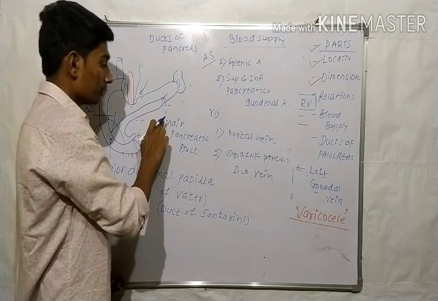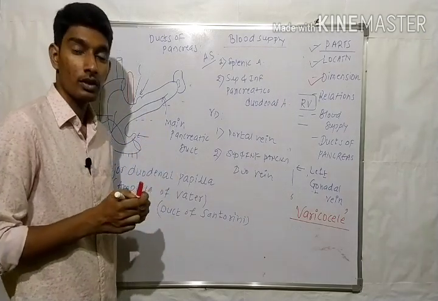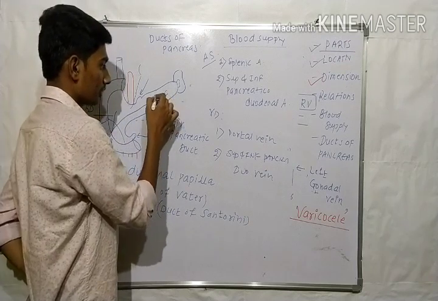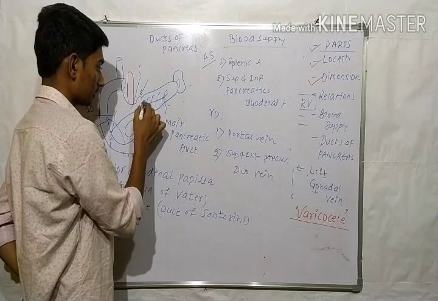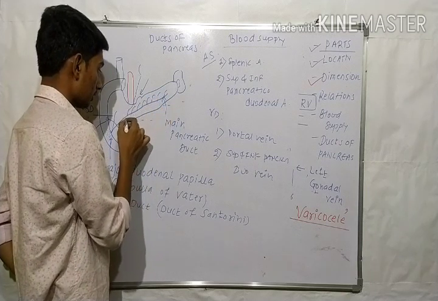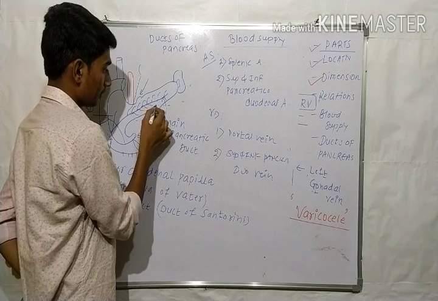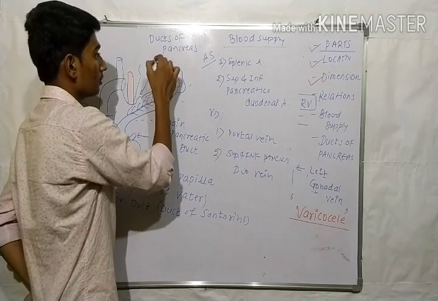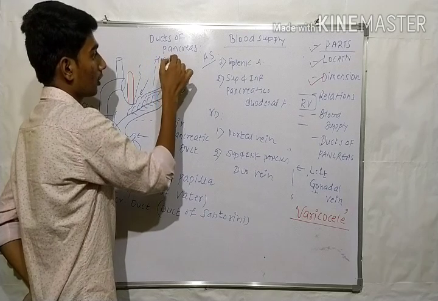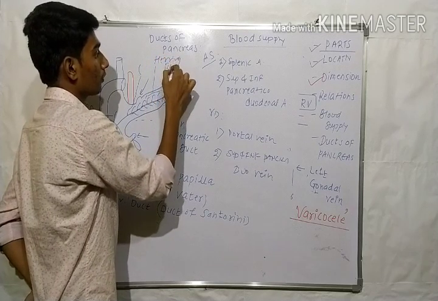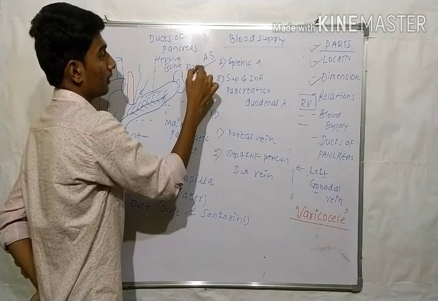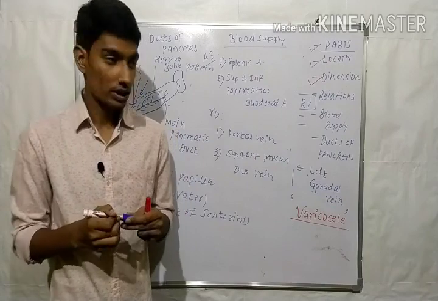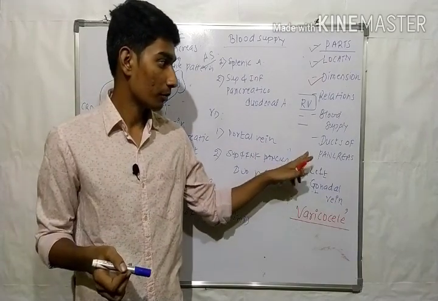Now this main pancreatic duct receives many tributaries along its long axis, and this pattern is known as the herringbone pattern. So this is regarding the ducts of the pancreas.